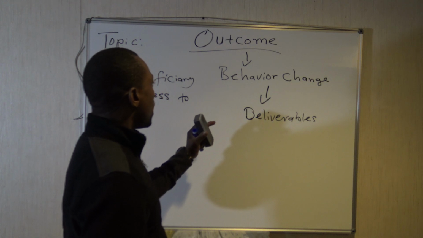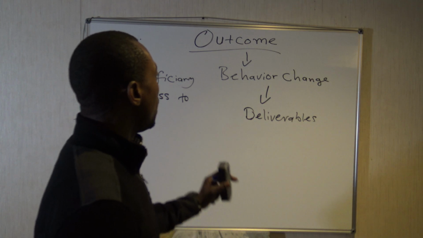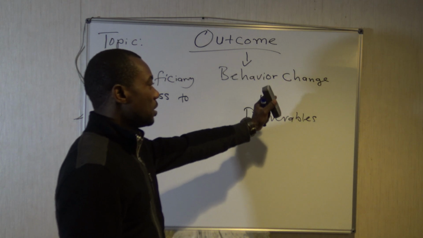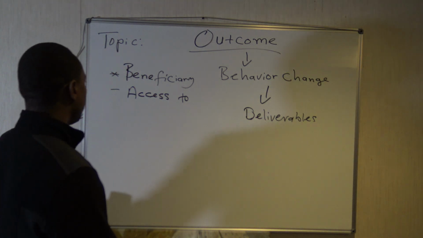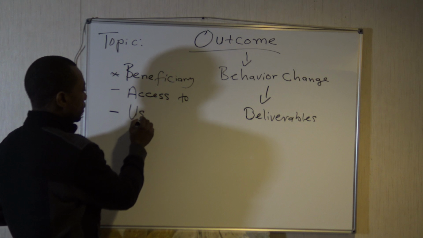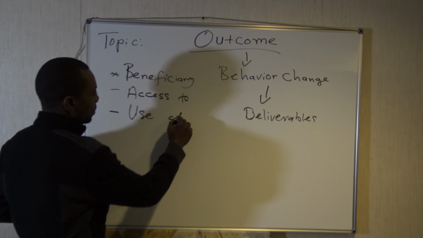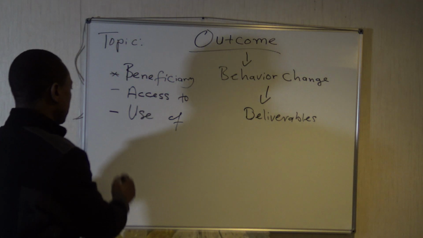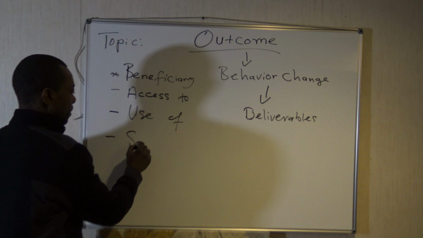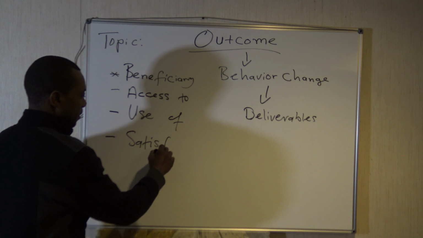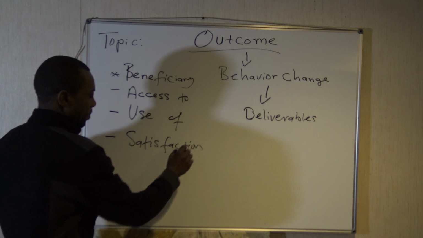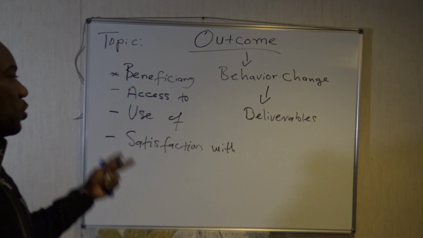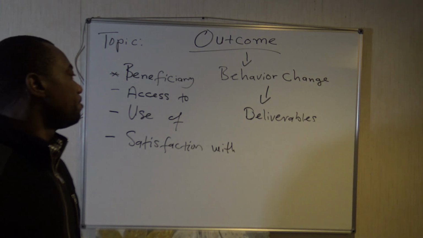So now, the key things you need to understand before you come to behavior change is you want your beneficiary to have access to your deliverable. You want the beneficiary to use your deliverable. And they should be satisfied with your deliverables.